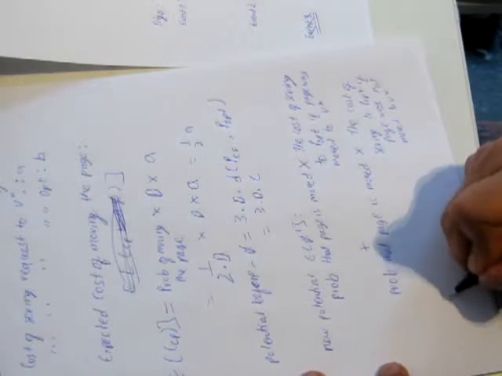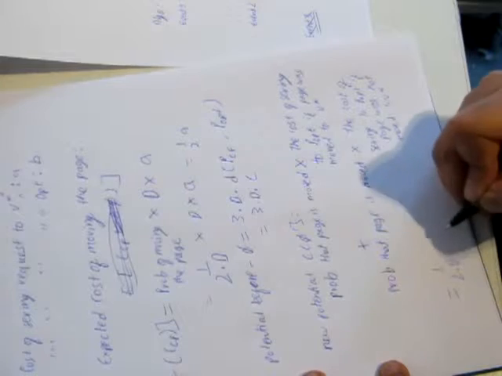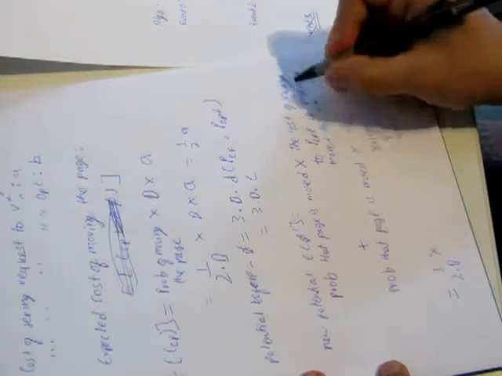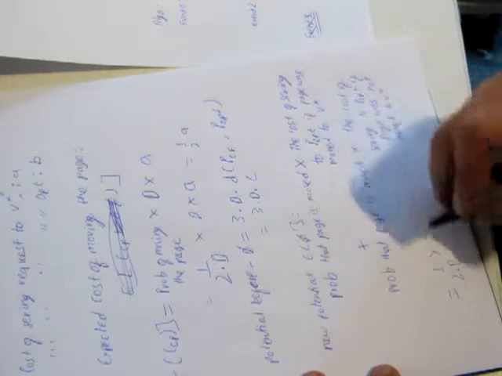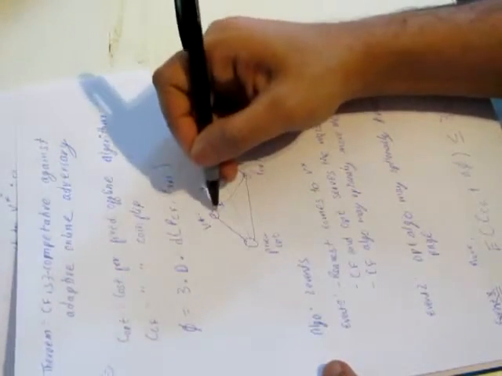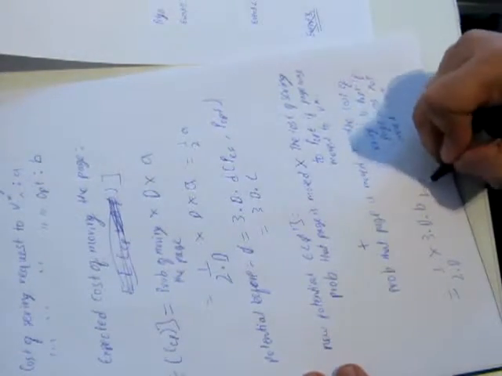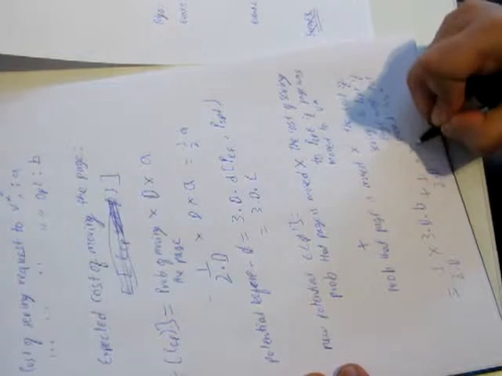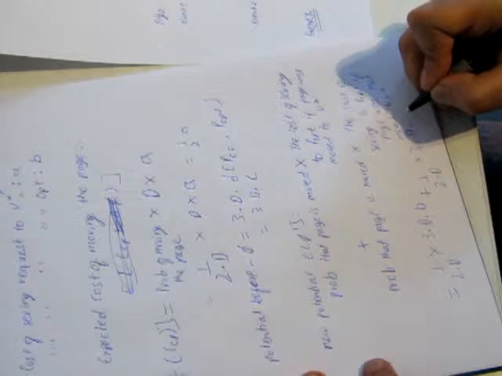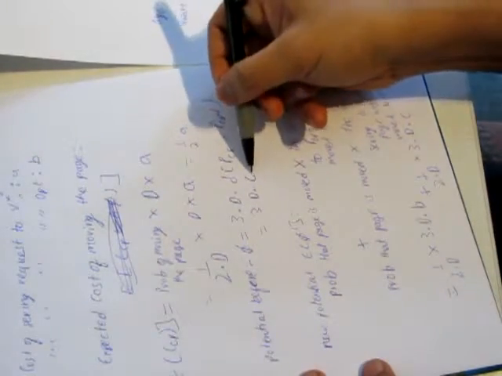So this is equal to, what is the probability of the page being moved? It is 1 over twice D. Then the cost of serving the page if the page was moved to V asterisk was 3 into D into B, because if the page was at V asterisk, then the cost of serving would be B, because the weight of this edge is B. And if the page was not moved, then it would be 2D into 3 into D into C. So if the page is not moved, then the cost would be exactly the same as the old potential.